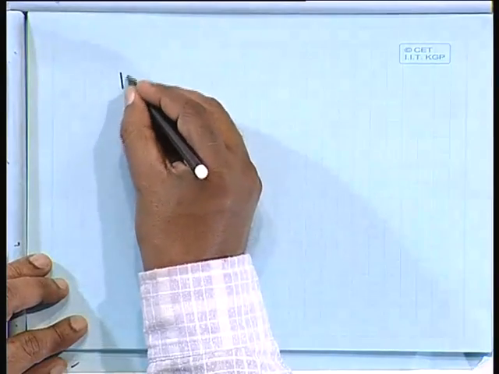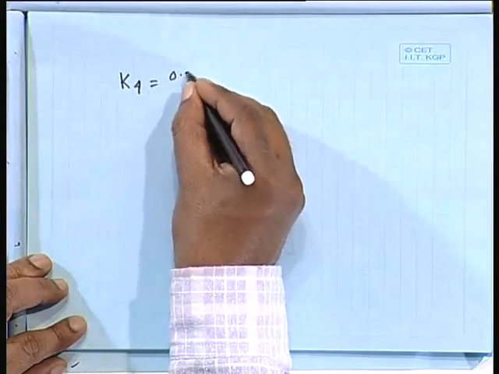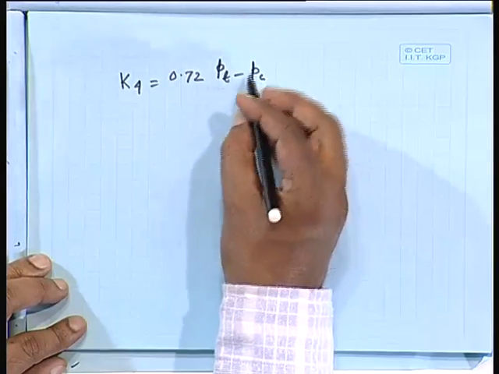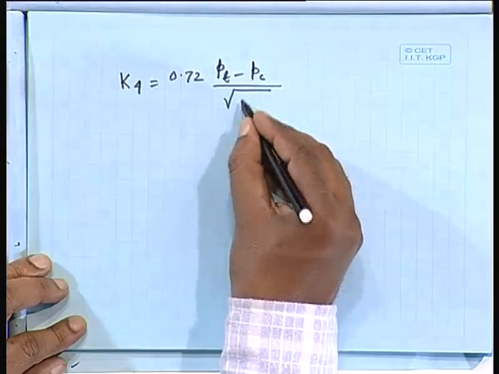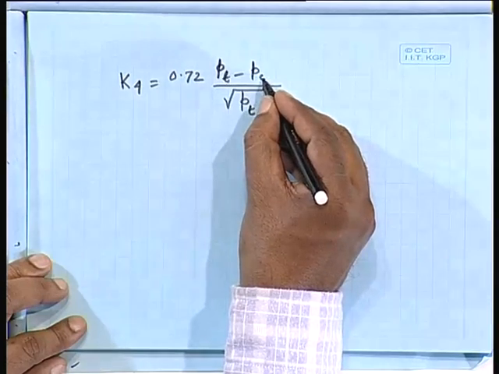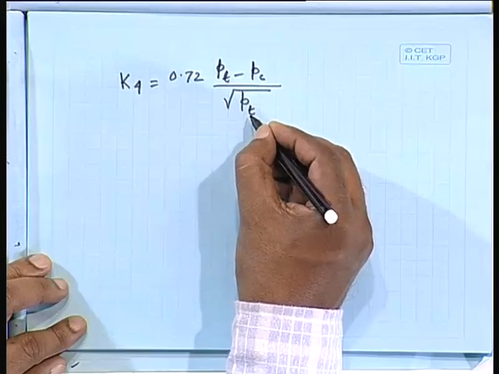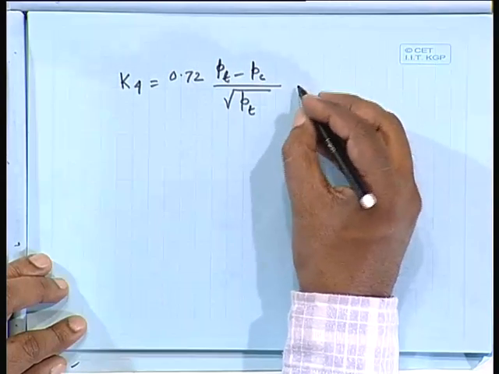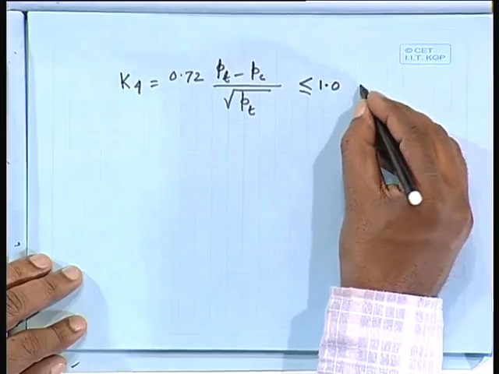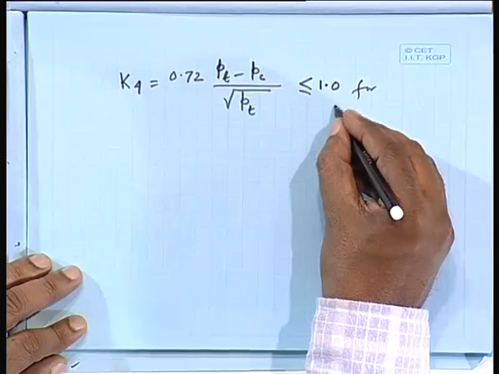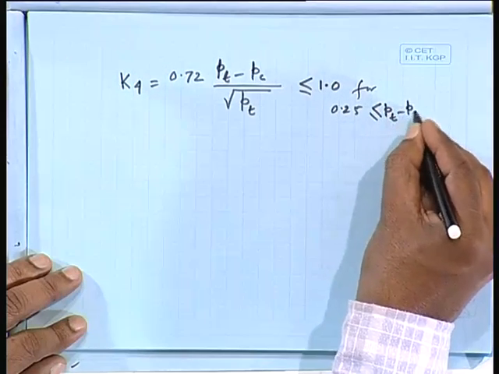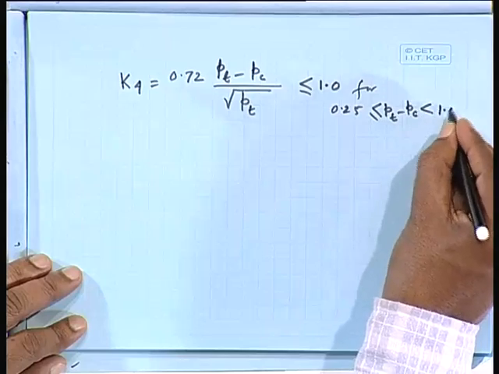So, K4 equal to 0.72 PT minus PC, that is percentage of tensile steel minus percentage of compression steel, divided by root over PT, square root of the tensile steel, and less than or equal to 1.0 for 0.25 less than PT minus PC less than 1.0.